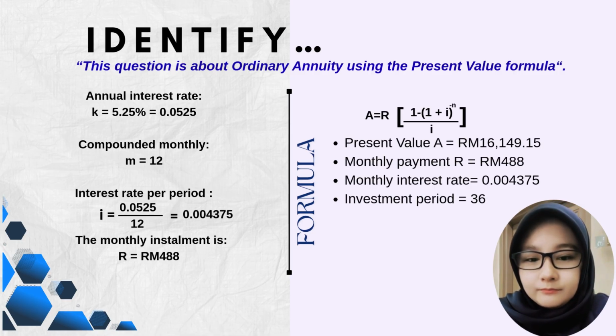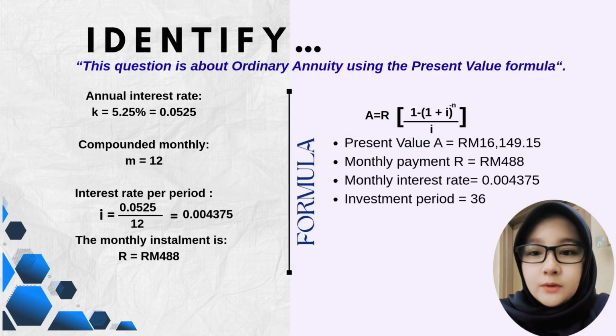So, the calculation is A equals R times open bracket 1 minus open bracket 1 plus i close bracket to the power of negative n close bracket divided by i.